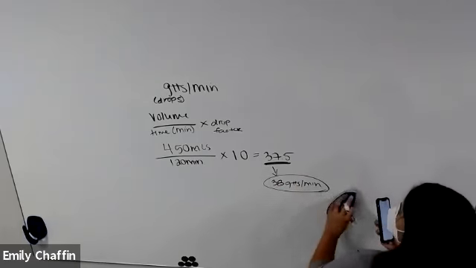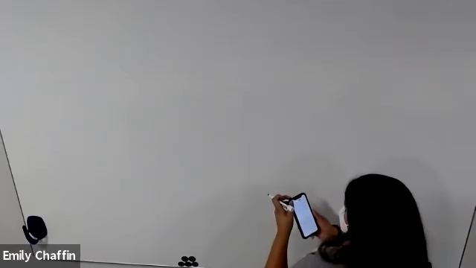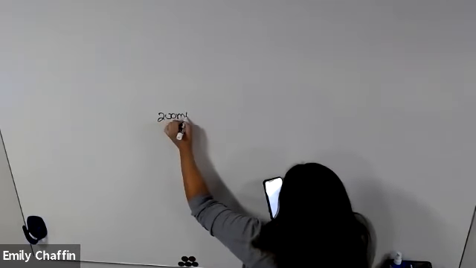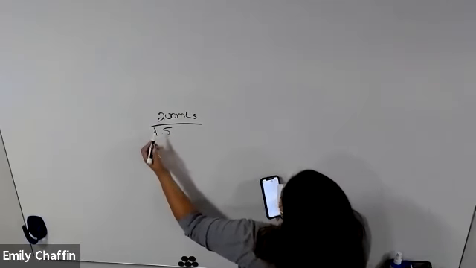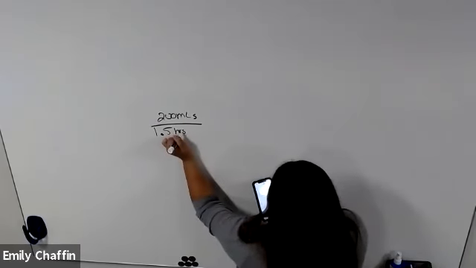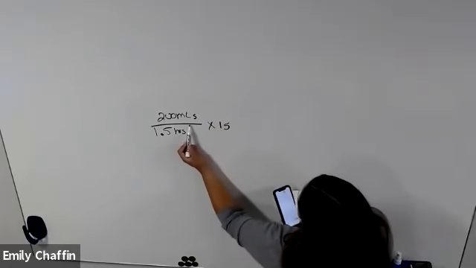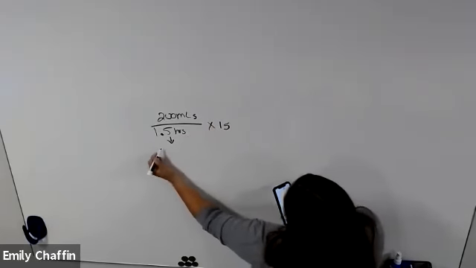I'll do another practice problem. So another problem is calculate GTTs per min if your patient needs 200 mLs over 1.5 hours with a drop factor of 15. So you have your 200 mLs, you want to convert this to minutes, which is 90 minutes.